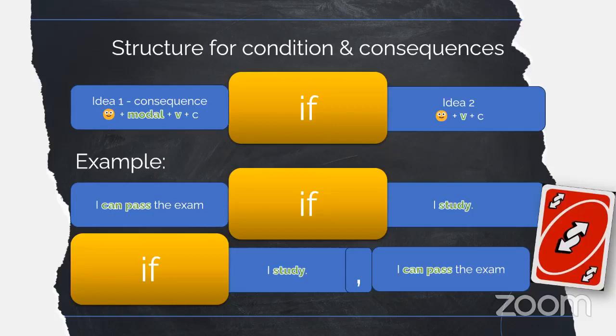I can assistant. Incomplete. Okay. And opposite. Look at the sequence. This person can do that. This is the consequence first. The consequence first and the condition later. Idea two is the condition.